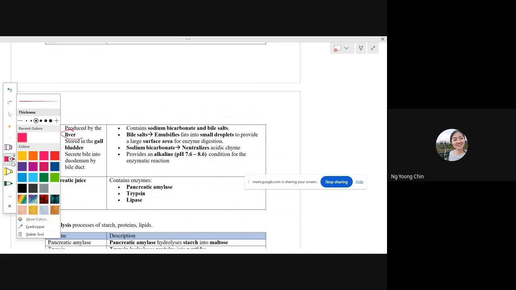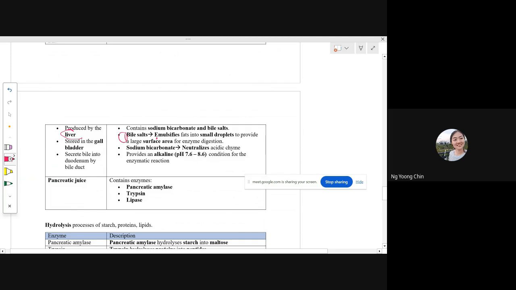The first one is that the bile is able to perform emulsification. So what is meant by emulsification? Emulsification is the process of breaking down the fats. The fat initially will be like this, a very large lipid droplet.